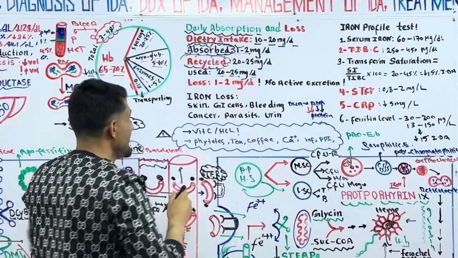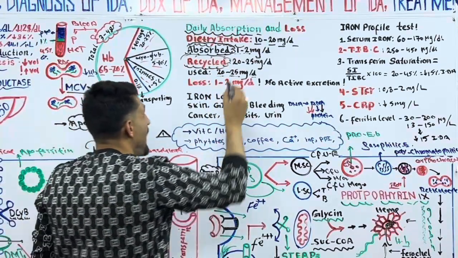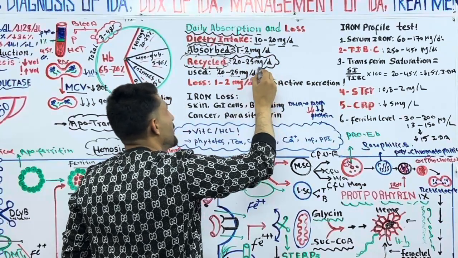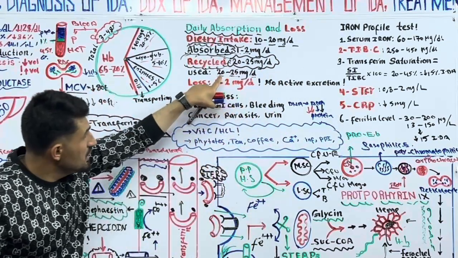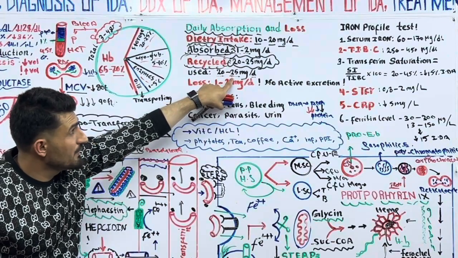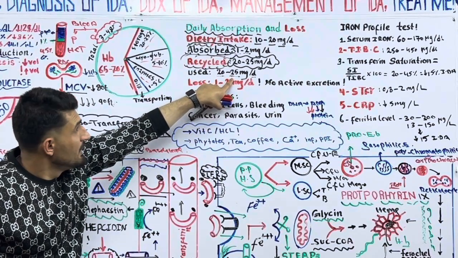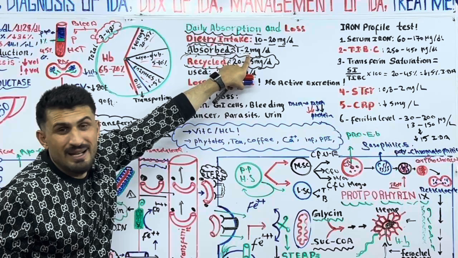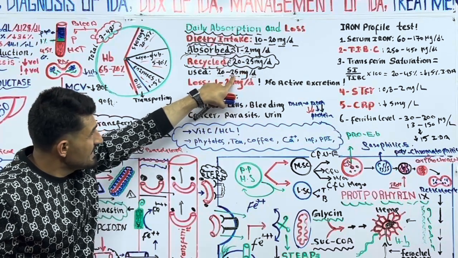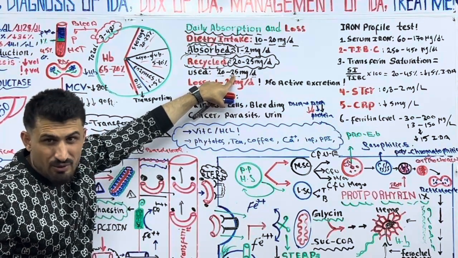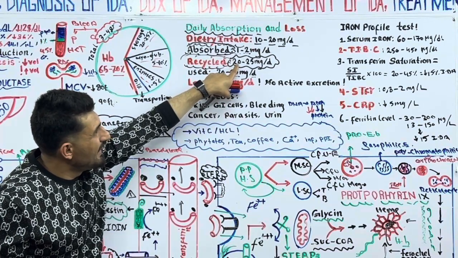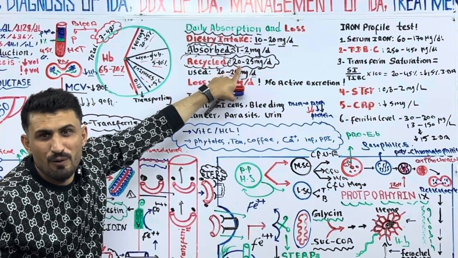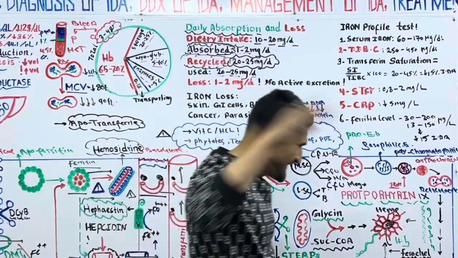This is the most important part of iron that is provided to our tissues daily. So the other 22, 23 milligrams come from recycling of iron by the macrophages. Let me explain this here. Come here.